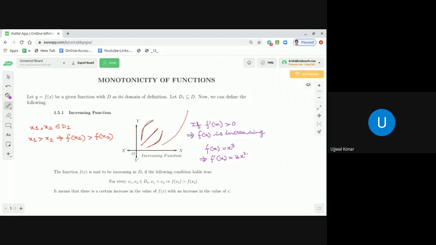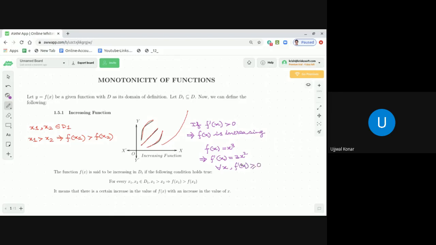More than that, we can say whether x is negative or positive, always f dash x is greater than 0. Correct or not? f dash x is greater than 0 except x equal to 0. That is a special case. So we see, for all x, f dash x is greater than or equal to 0.